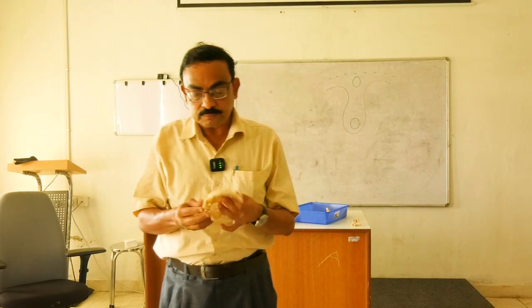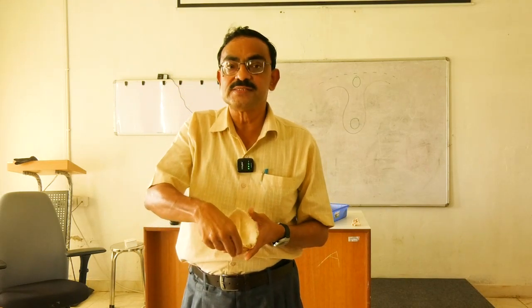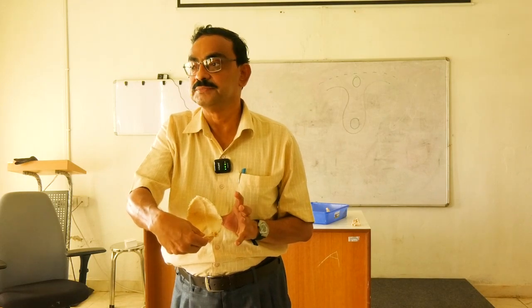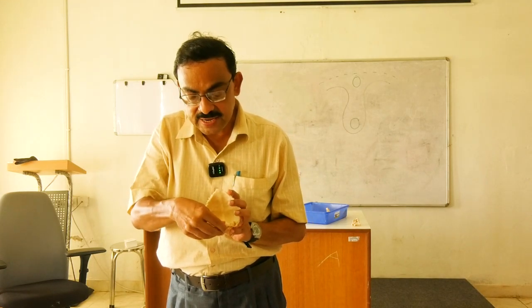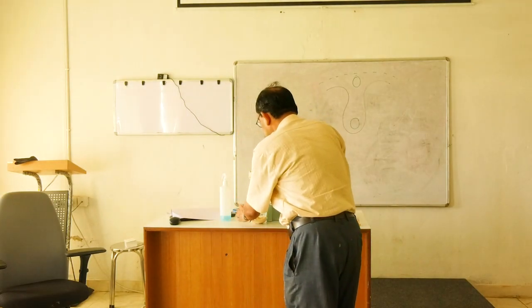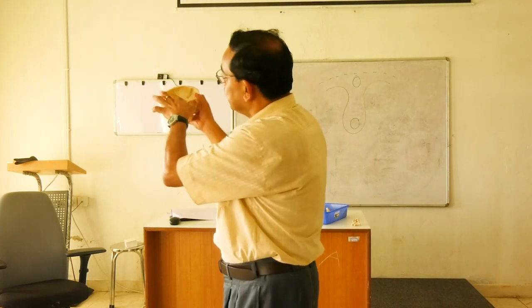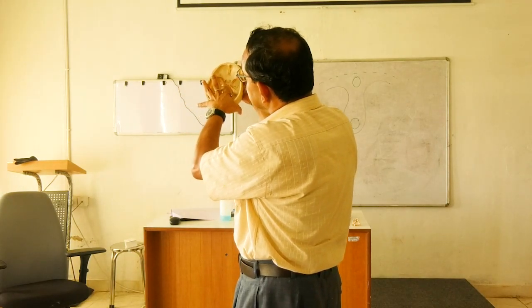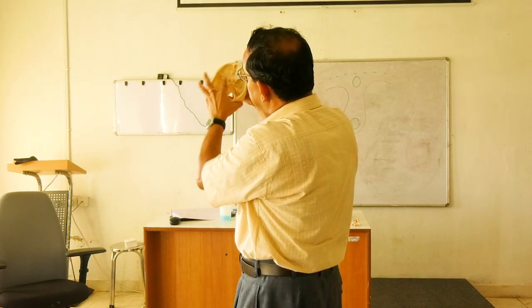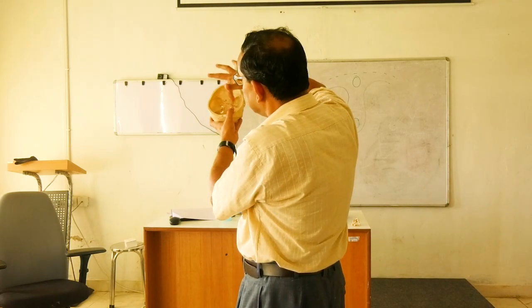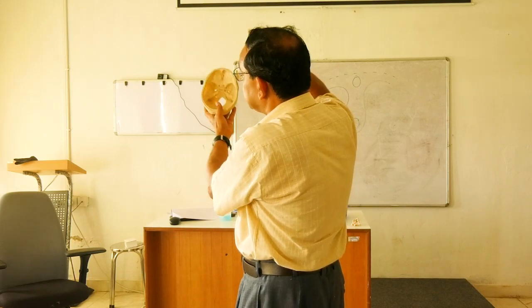Now about this area, this is called the basilar part. You can see the whole thing is the basilar part, and this is contributed by this bone and this occipital bone.